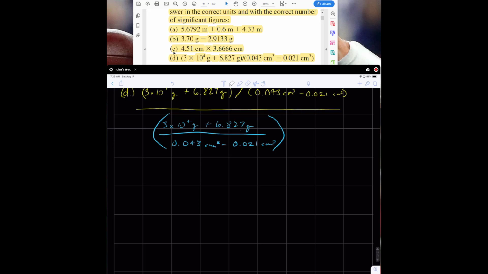And we can just add 6.827 grams to it. That'll give us 30,006.827. Okay, and we're going to keep that true number there.